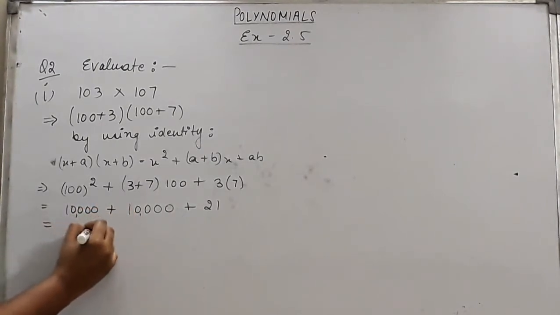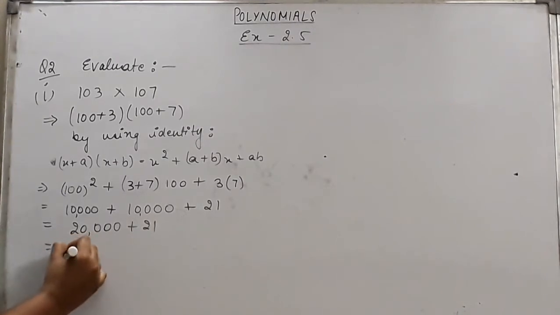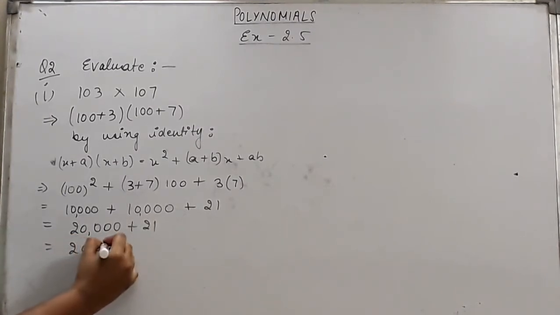This becomes 20,000 plus 21, so 20,021 is your answer.